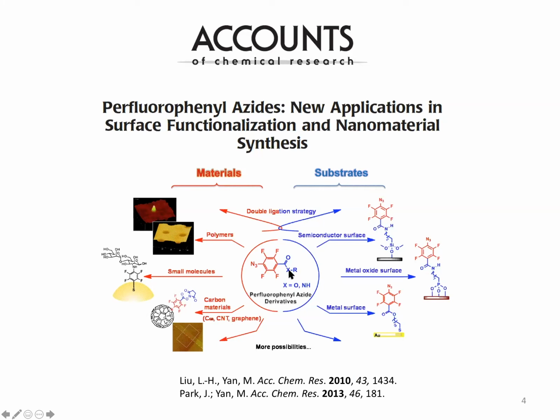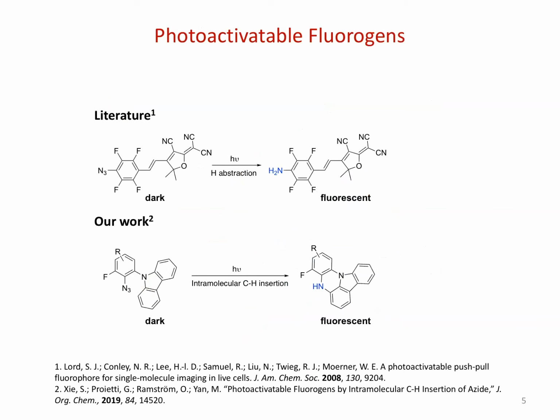The other unique thing about this type of molecule is that you can introduce another group, making this a heterobifunctional. Then this group can work on a variety of different materials and surfaces. So it's quite versatile.